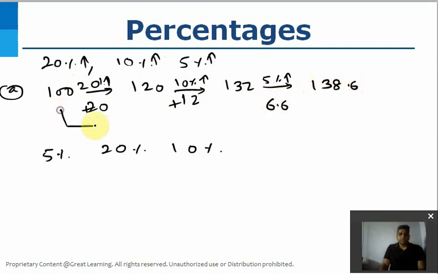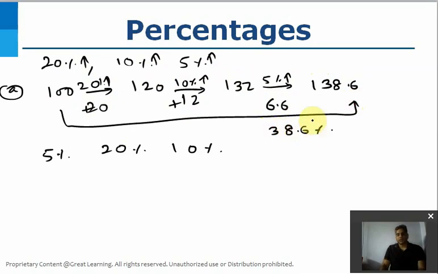So the total change is nothing but 38.6%. Okay. Let us see in the second case what exactly happens. Are these values equal? Are these values different? My first increase is 5%, then 20%, then 10%.